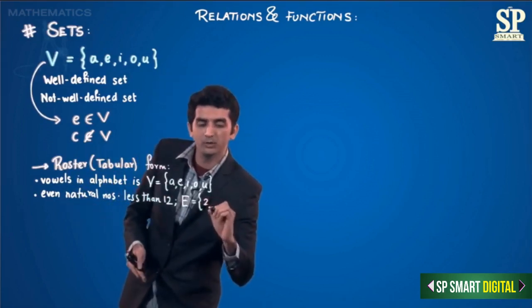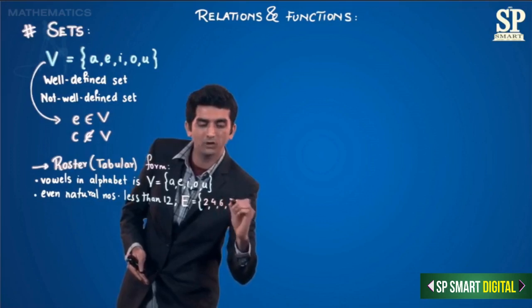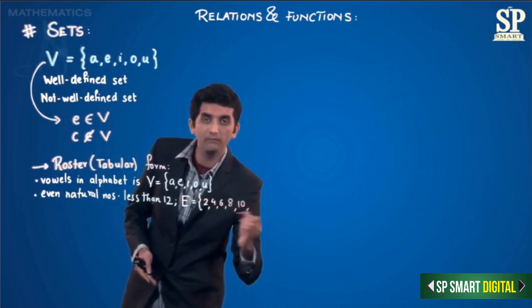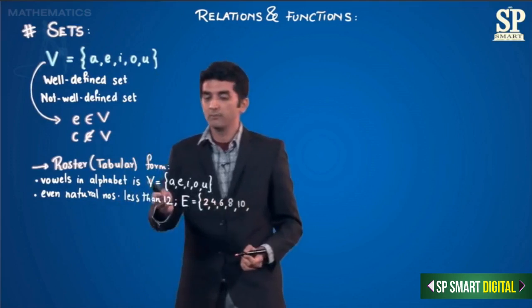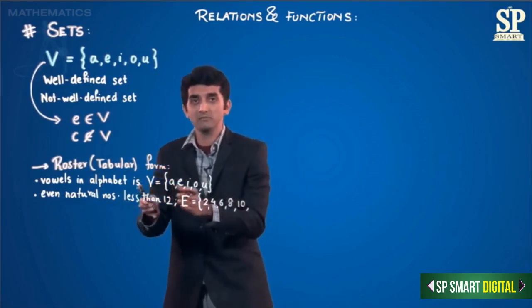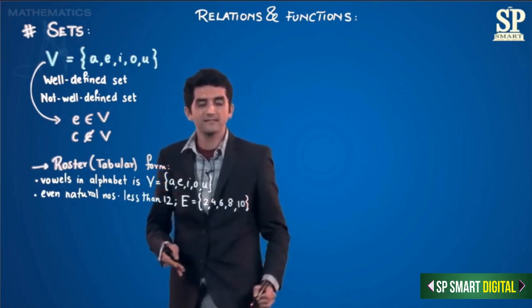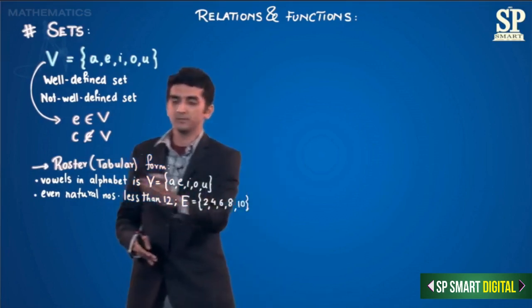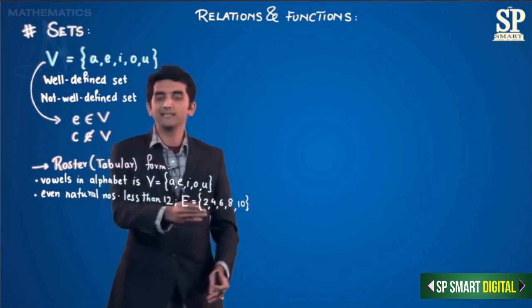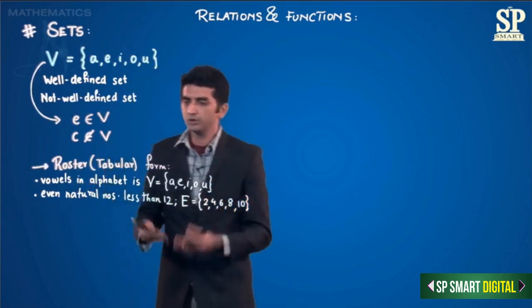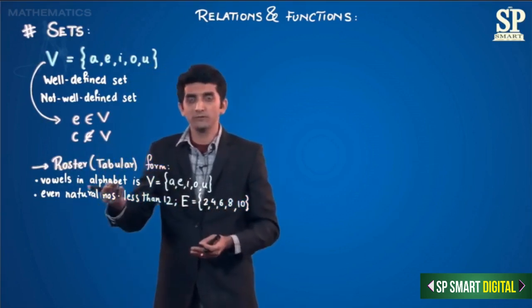So the set will be 2, 4, 6, 8, 10, 12. No, I can't put 12 because the condition is that these numbers have to be less than 12. So the set ends over here, and this is how we represent this particular set with the condition in the roster form. Right? So you can have different kinds of sets here.